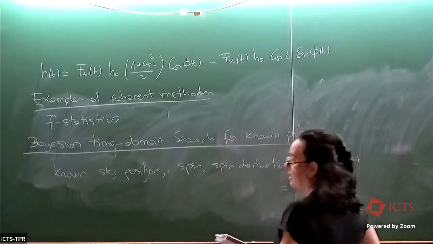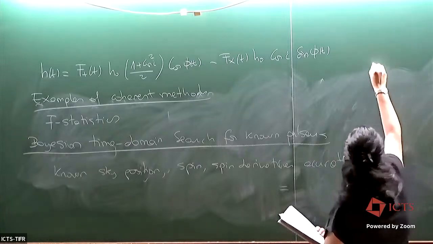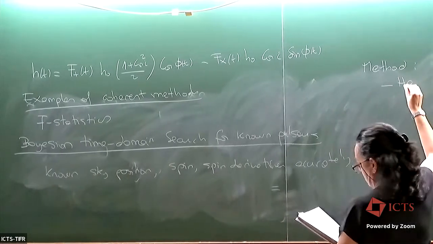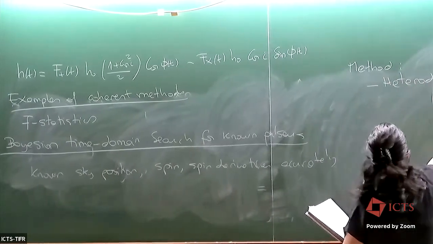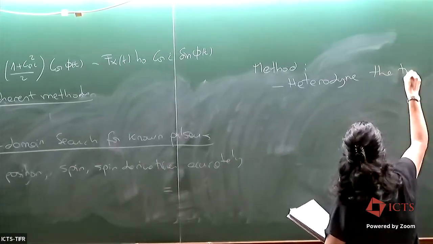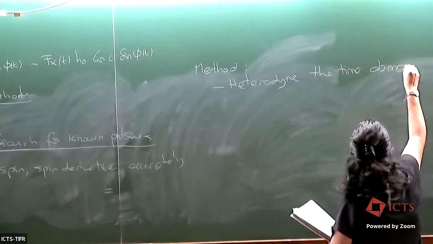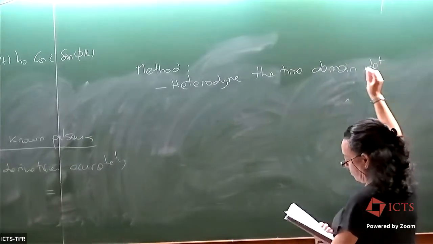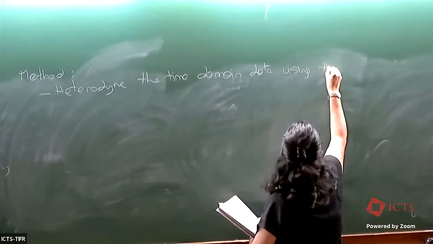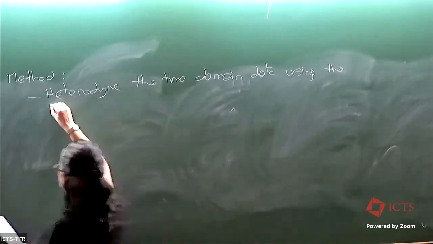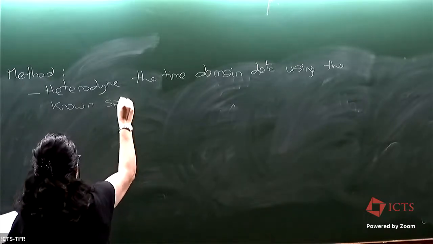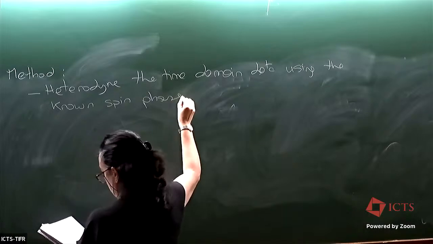Basically, the idea of this method is to heterodyne the time domain data, and I will explain what this is about, using the known spin phase of the pulsar.